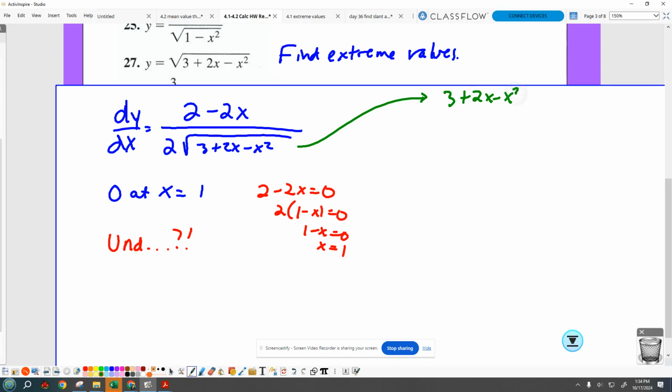Undefined on x is like greater. When does that equal 0? X equals negative 1.